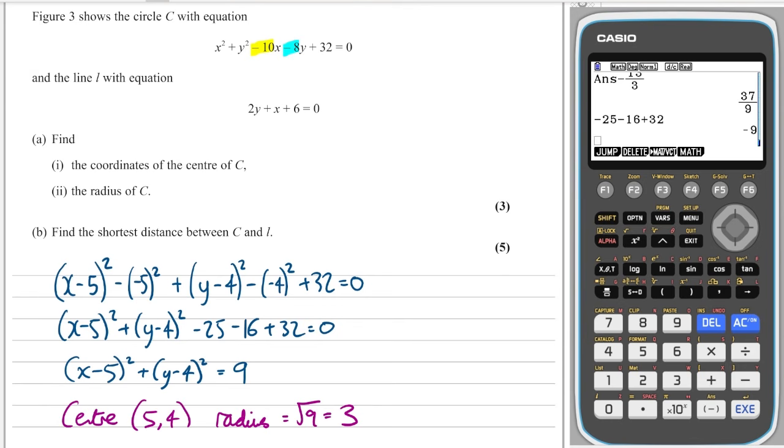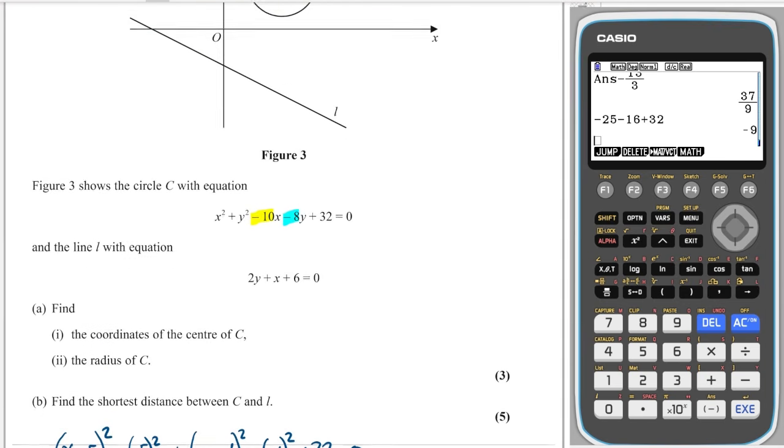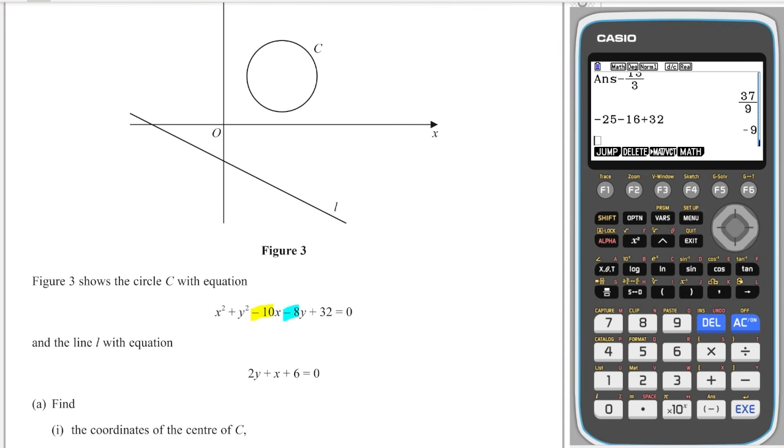Okay. Find the shortest distance between C and L. Okay, we're going to let you into a little secret here, which I don't tell everyone. But to find the shortest distance from a line to a point, it's always going to be a perpendicular. So the shortest distance will be a perpendicular, like that. And it's also going to go through the centre as well.